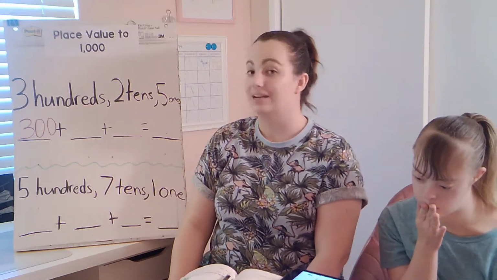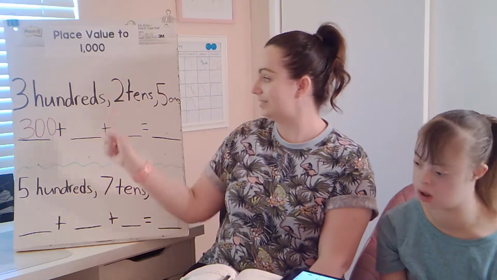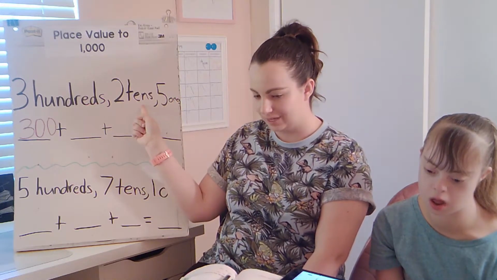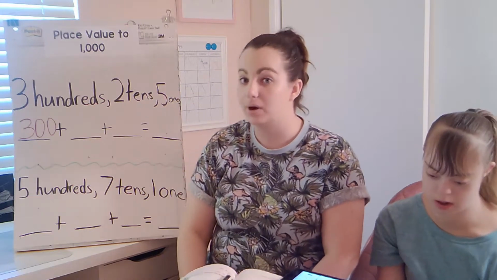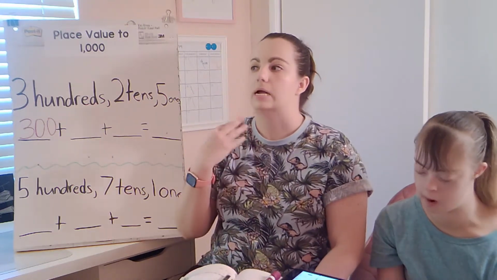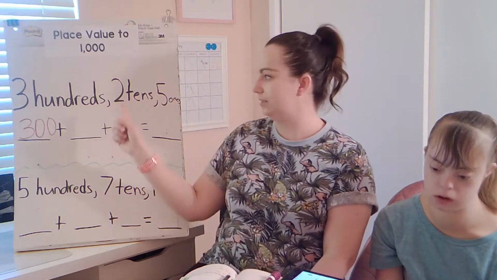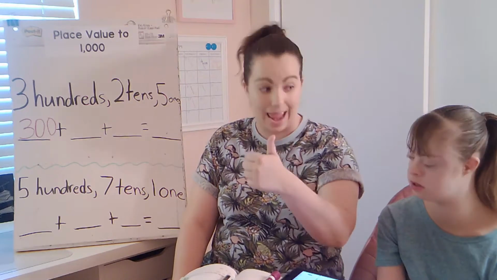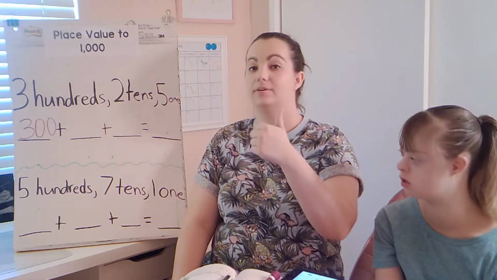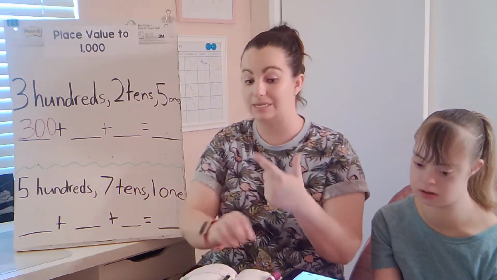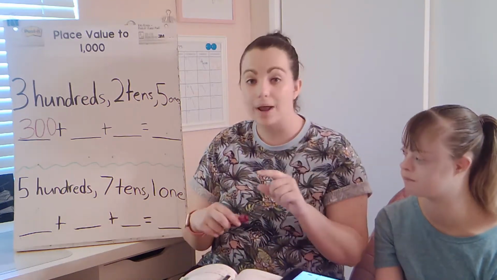Okay. Next, it says we have 2 tens. Remember from our last lesson, that means you have to count by tens. So 2 tens. Count by tens. You have 10, and then another 10, 20. So 2 tens is 20.